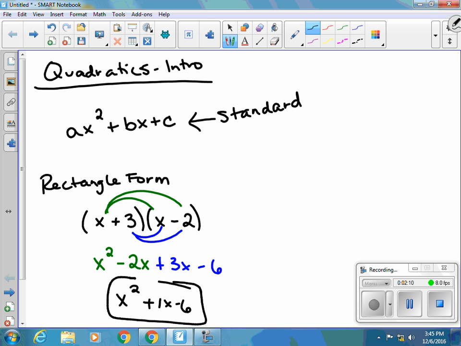This is my quadratic in standard form. Notice that in standard form, you go from the highest degree down to the lowest: the x squared, the x, and then no variable whatsoever. It's a rectangle again because the dimensions are not the same.